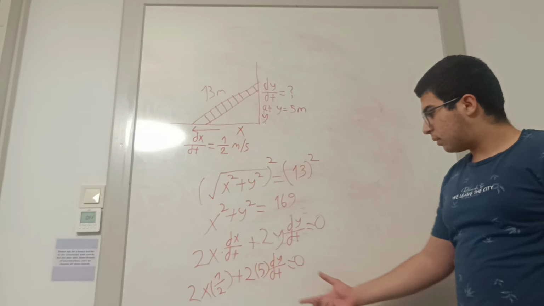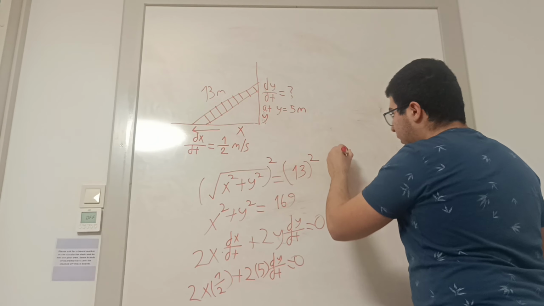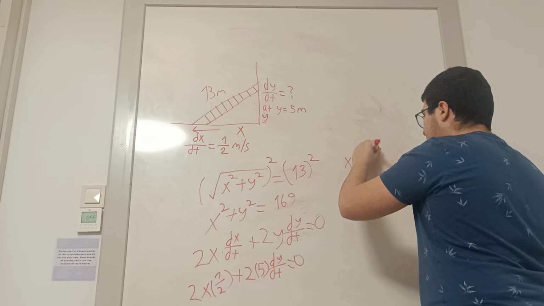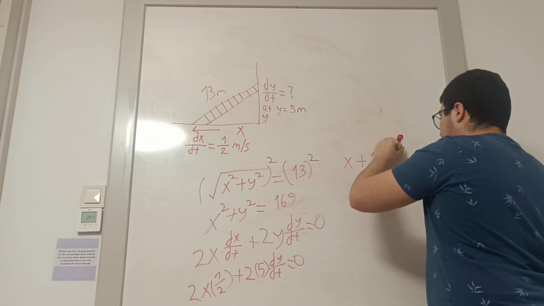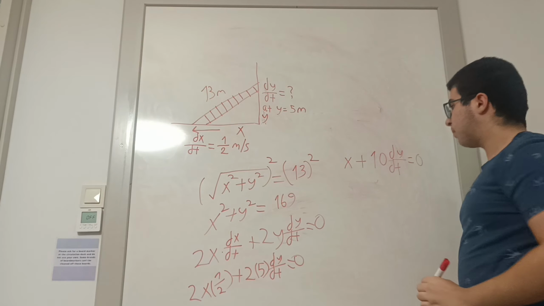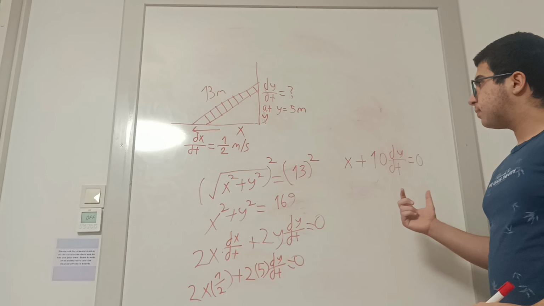It's 0. So if I rewrite this equation, it's x plus 10 dy dt is equal to 0.